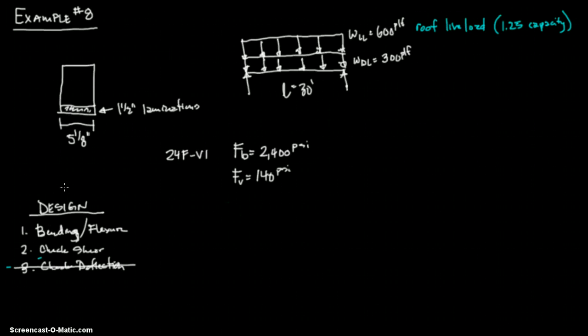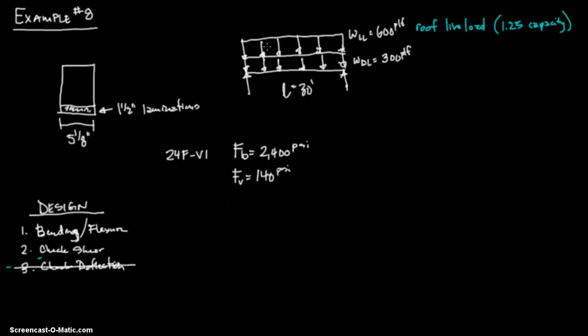So remember, in our design procedure, we always want to design for bending first, then check shear, and then check deflection, but we don't have to do deflection in this example. So let's proceed. You could do shear and moment diagrams to figure out your max shear and moment.